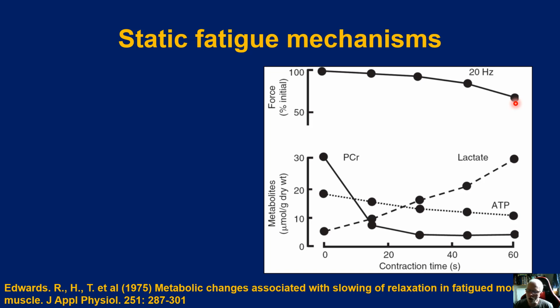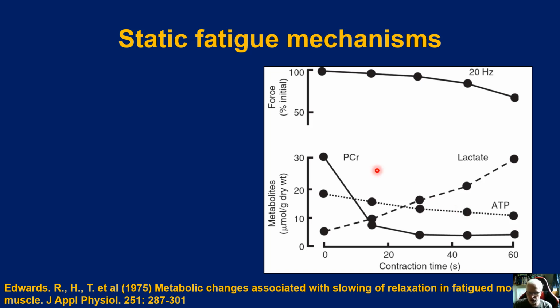Now, why? Well, this is where you get into those performance mechanisms, those more peripherally orientated factors that Anoka was referring to. The first thing to notice is that the ATP concentration does decrease, but it's not dramatic, right? It's not a significant decrease in the ATP concentration. So one can argue it's not a lack of ATP availability.